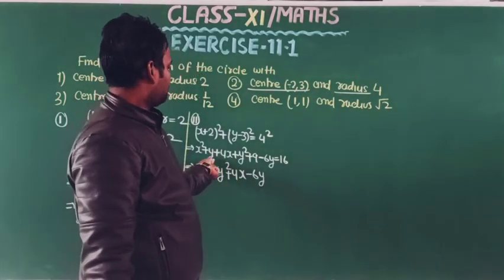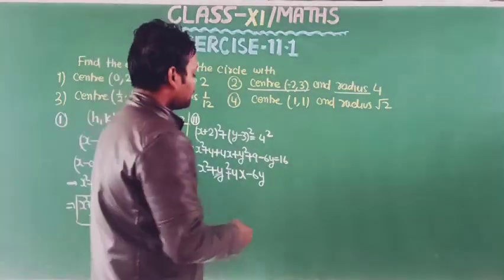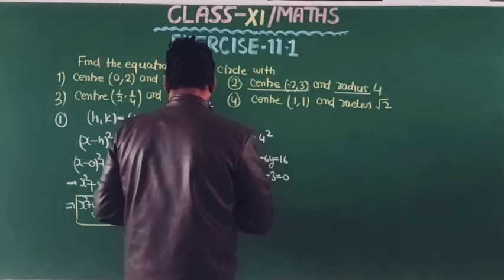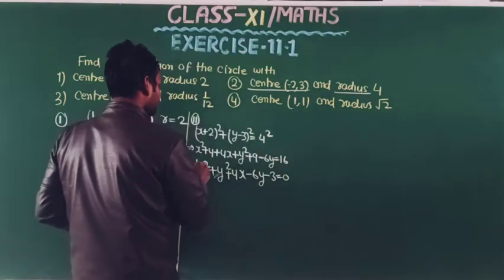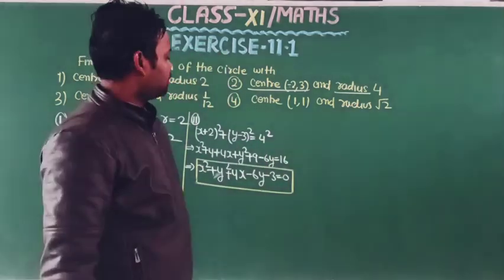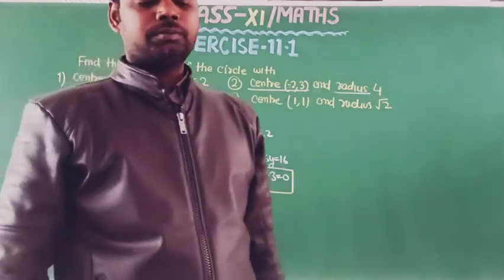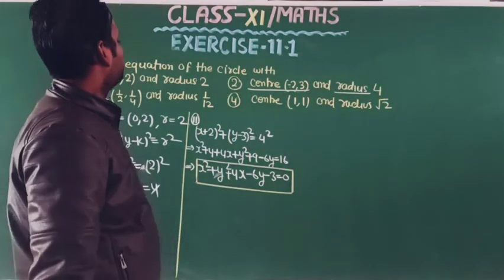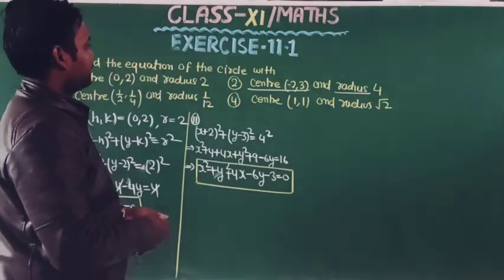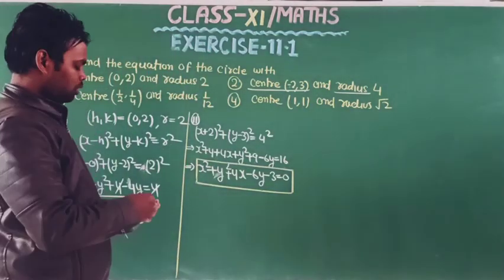So plus 13 minus 16 becomes minus 3 equal to 0. Okay. So this is the required equation of circle with center (minus 2, 3) and radius 4. Okay.